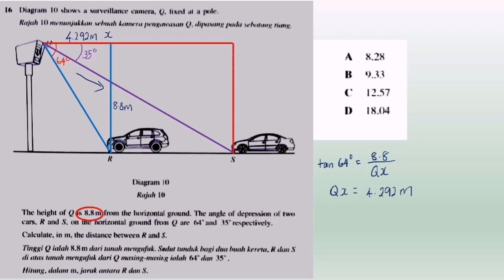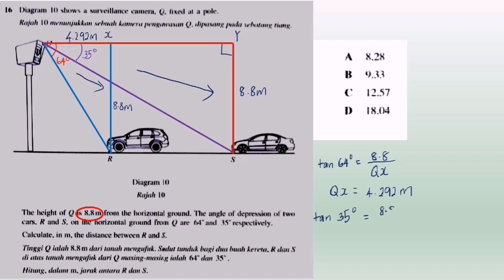Now find the distance from Q to S. In the triangle of QS, let's say here is Y, so this is a right angle. Tangent 35 degrees equals the opposite side YS, and YS equals 8.8 meters also.